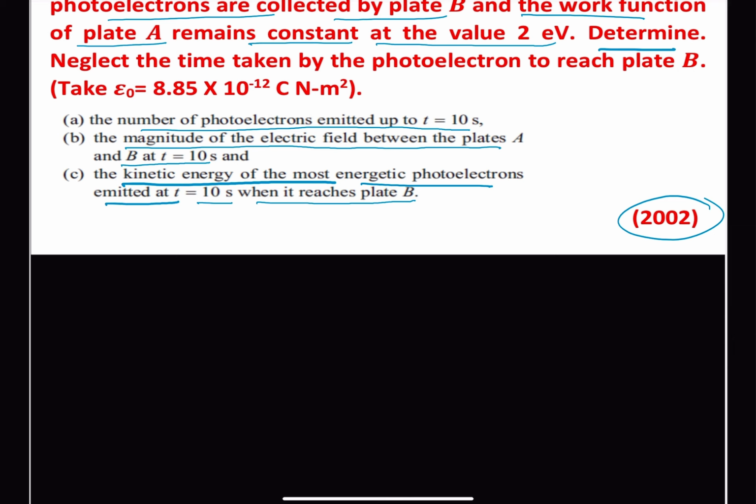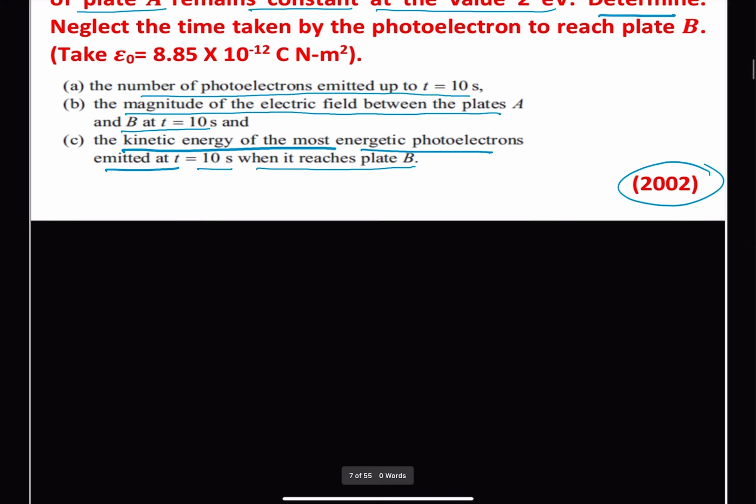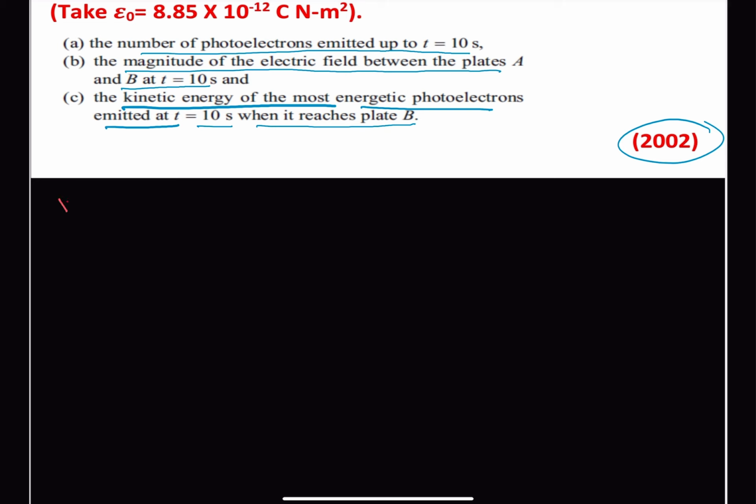First of all, we are going to find out the total number of incident photons, and that depends upon the photons per unit area per unit time multiplied by area and by time. So let us suppose the total number of incident photons is given as n incident.